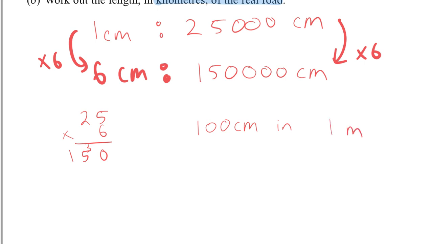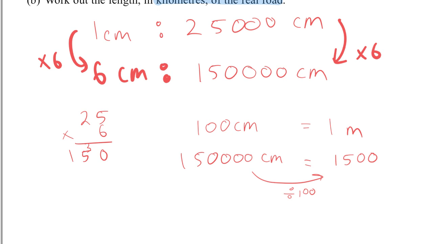We've got 150,000 centimetres, so we need to divide by 100 to get to metres. That's going to be 1,500. When you divide by 100, you're knocking off a couple of zeros, or better, moving the decimal point.